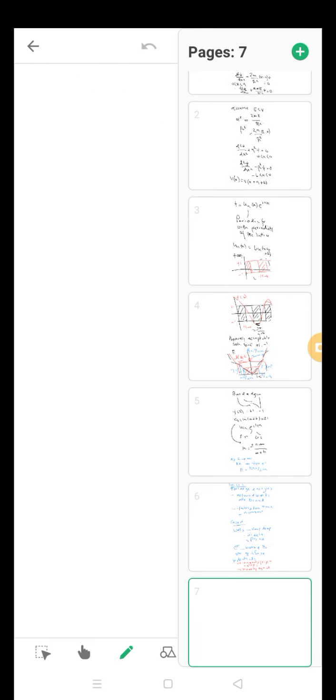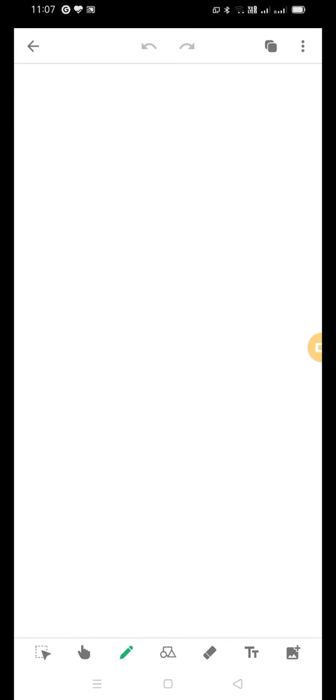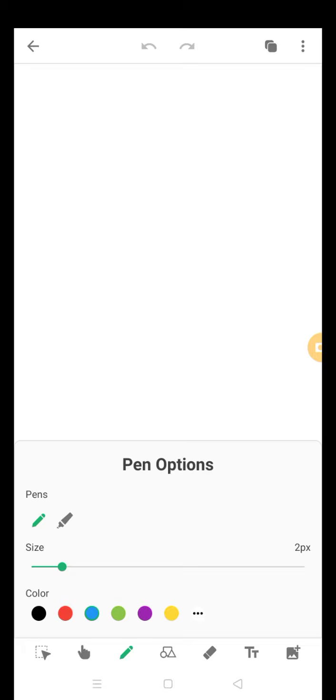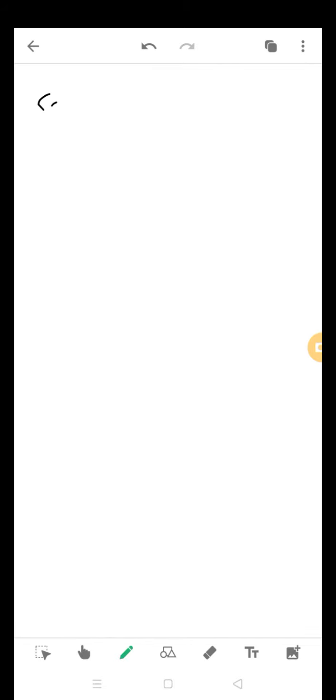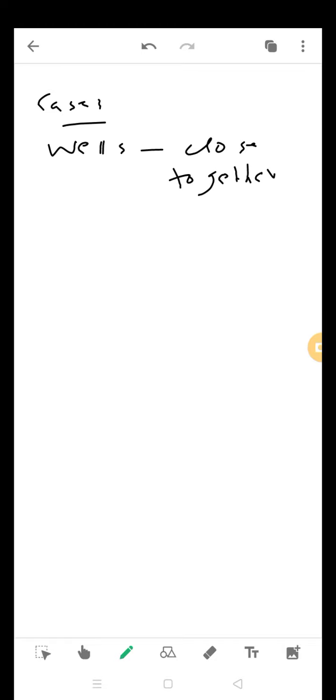The next case, look at it as case 3. Case 3 says that if the wells are close together, that means the gap between the different wells is very small, then what will happen?